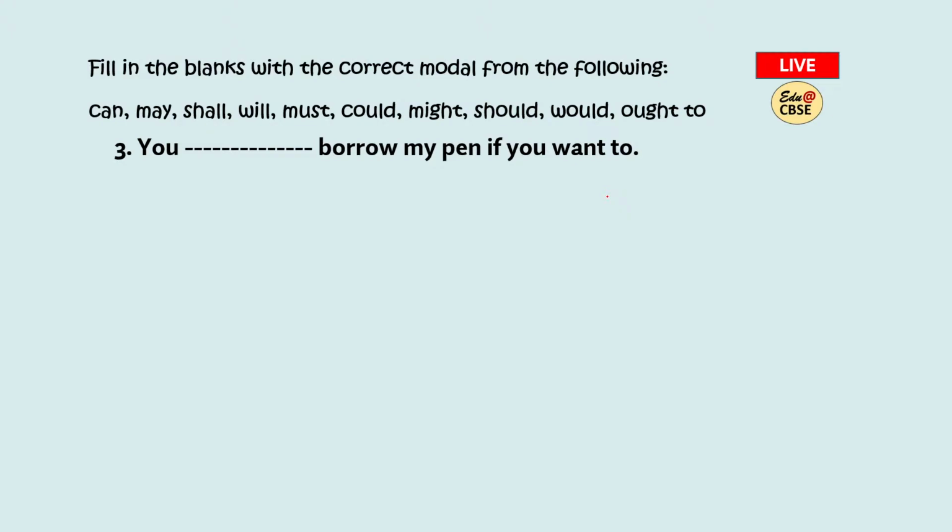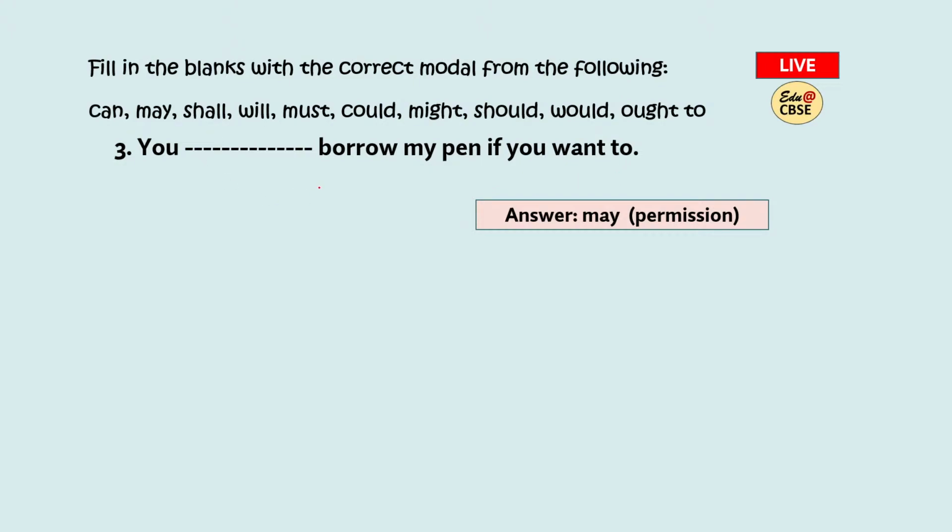Can, good. So I am getting can. Most of you are going for can, and let's see what is the answer. This is the answer. May is used for permission. Can is used for ability. So understand this. May is used for permission and can is used for ability. So you may borrow my pen if you want to.